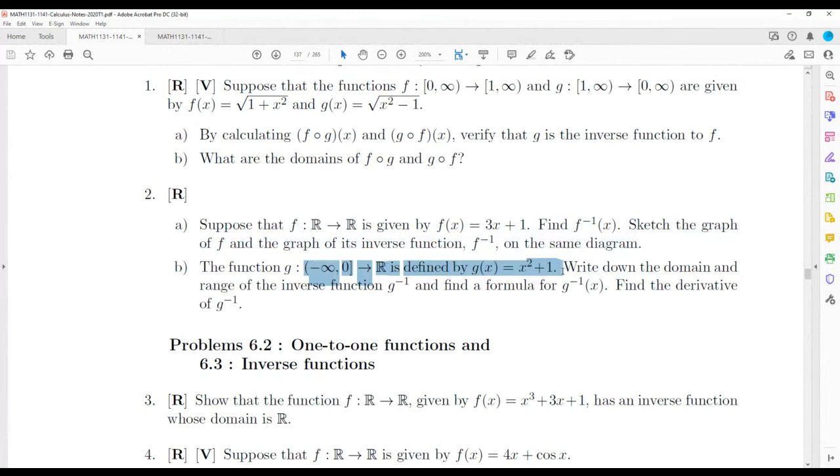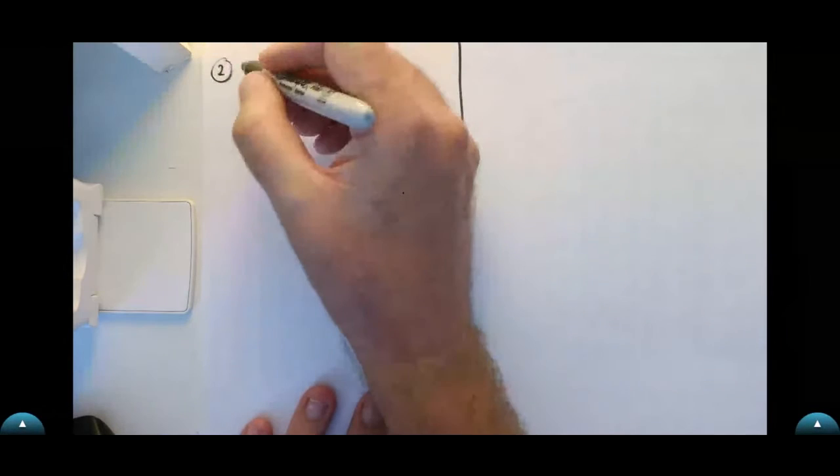Suppose I've got a function x squared plus 1, where x is less than or equal to 0; find the inverse function and the derivative of the inverse. It's an entry level kind of question, so let me go to my document camera and work through it. This is question 2 from chapter 6 of the calculus.